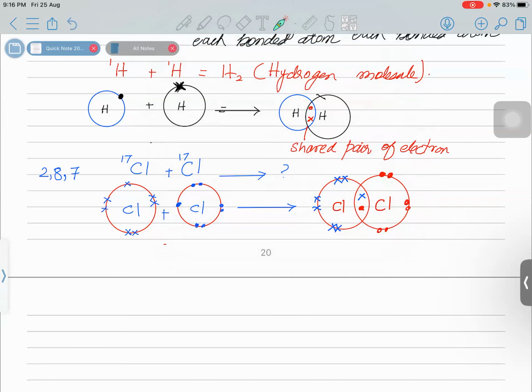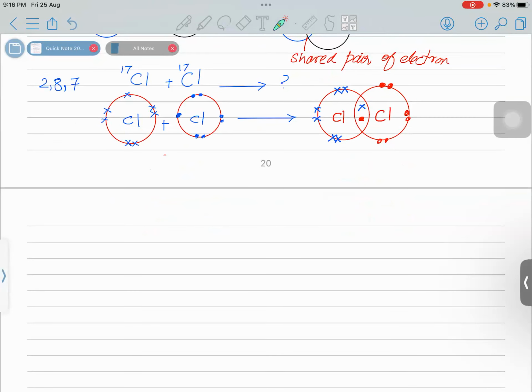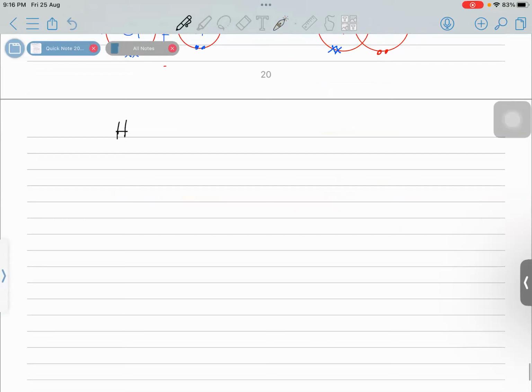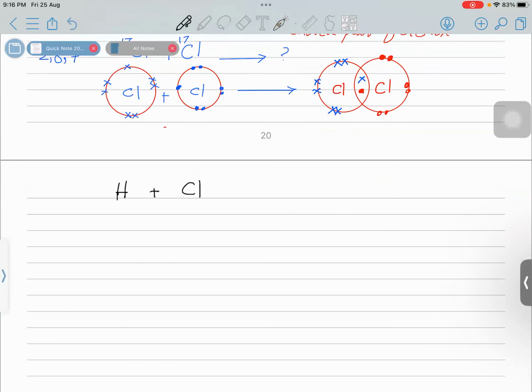Sir, but what if you don't use the same symbol? Is it okay if you use a different one? Give me an example. For example, in HCl, is it okay if you use different symbols? Okay, so let's see. This is hydrogen, and chlorine has 7 valence electrons.